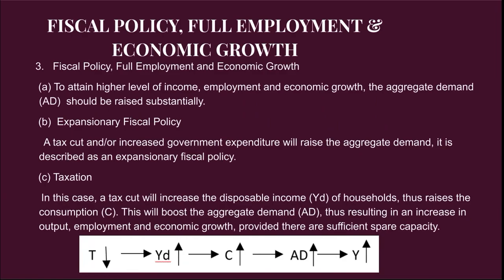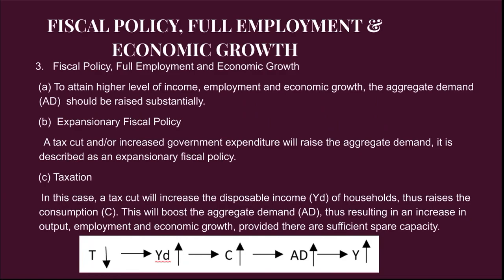So expansionary fiscal policy can be implemented by the government by decreasing the T. I repeat, by decreasing the T, as well as increasing the government expenditure. By cutting down the T and at the same time raising the G, the government is implementing expansionary fiscal policy.